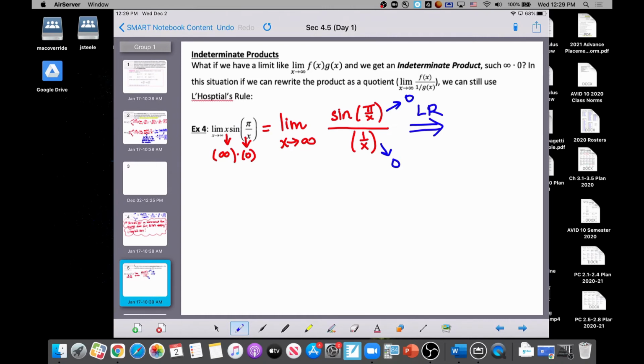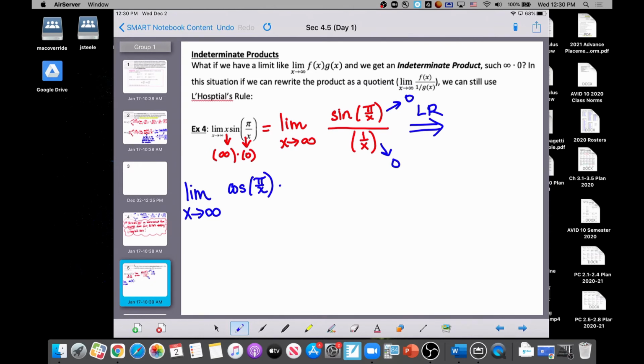And when I apply L'Hopital's rule, I'm going to be doing the derivative of the numerator divided by the derivative of the denominator. Okay? So let's see here. In my numerator, the derivative of sine is cosine. So I'm still going to have the limit as x approaches infinity, but then I'm going to have cosine of pi over x.